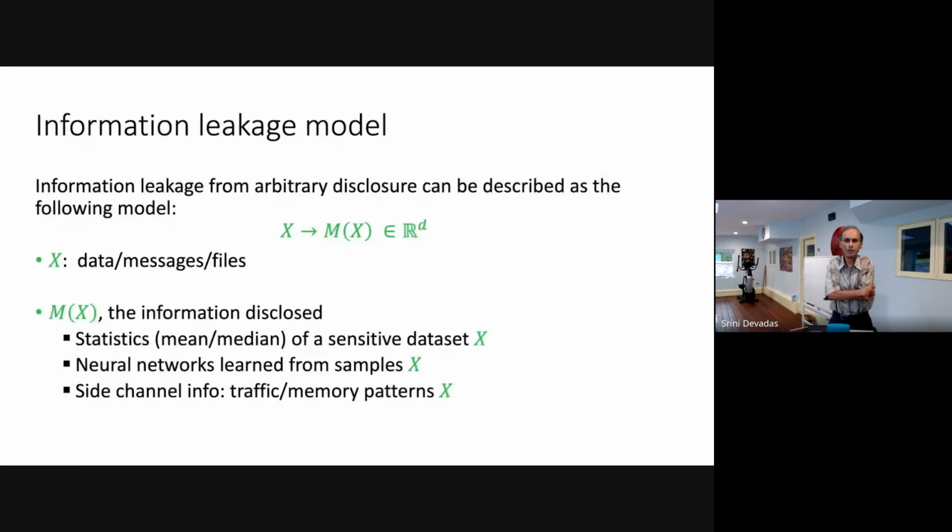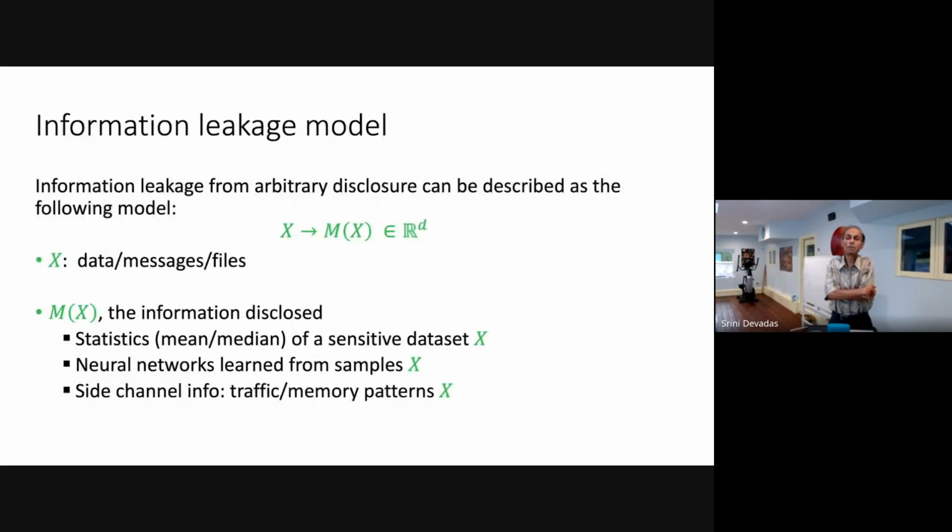Now, M could be simply the mean or the median of the data set. And as I said, X could be multidimensional. D could be in the millions, for example, or D could be 1. One example where D would be in the millions is if you had a machine learning model, a neural network that you expose. What that means is M of X is the training process on data X, and it produces a neural network with a bunch of different parameters.